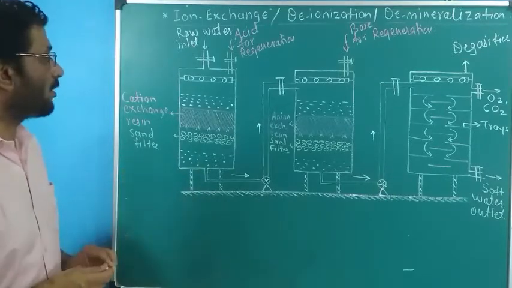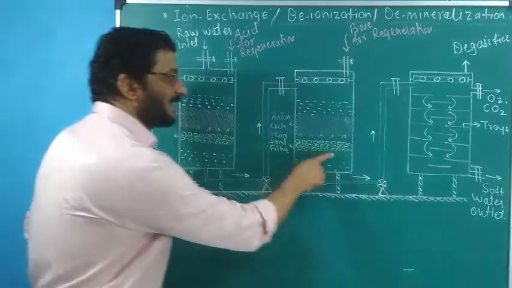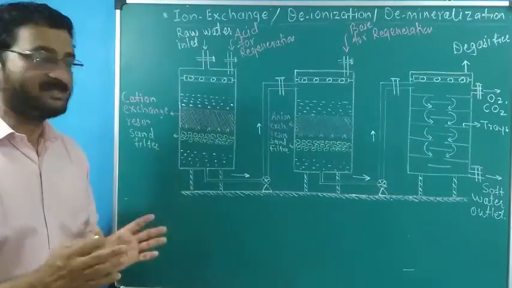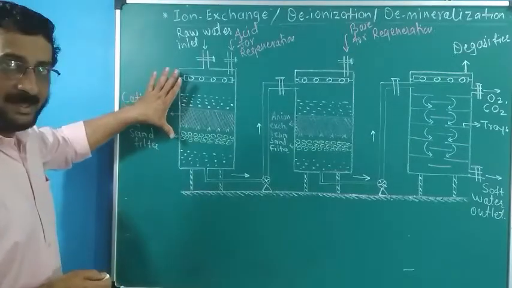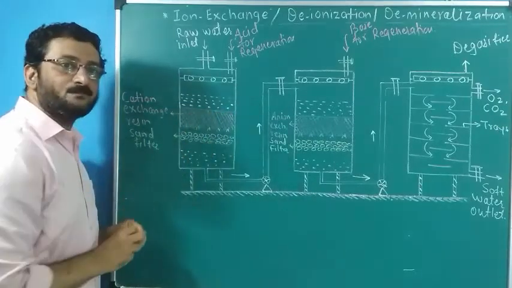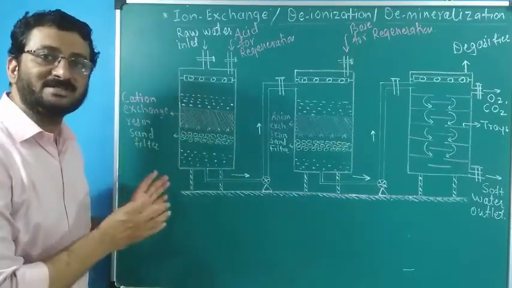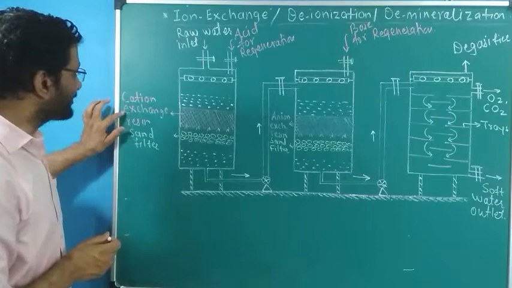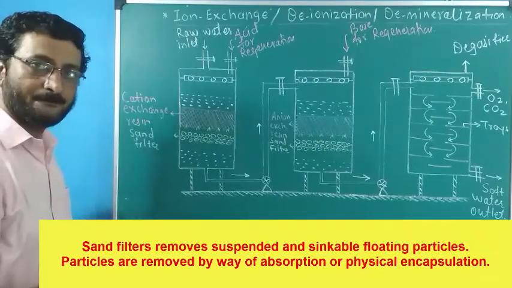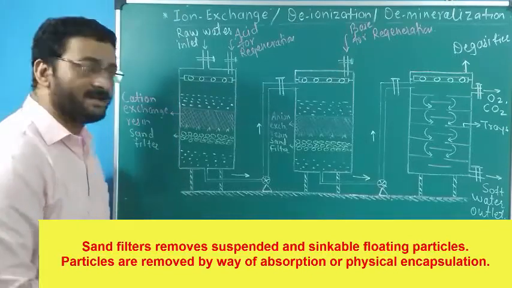The plant consists of 3 cylindrical tanks or containers of given size. The first container has, somewhere at the center of the cylinder or steel tank, the cation exchange resin fixed along with a sand filter or a gravel layer.